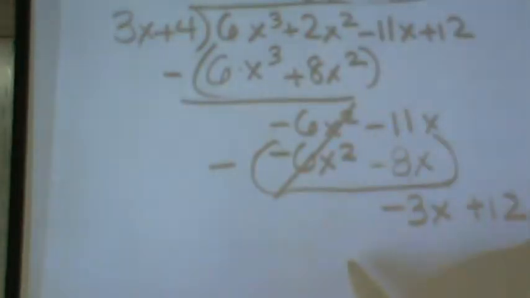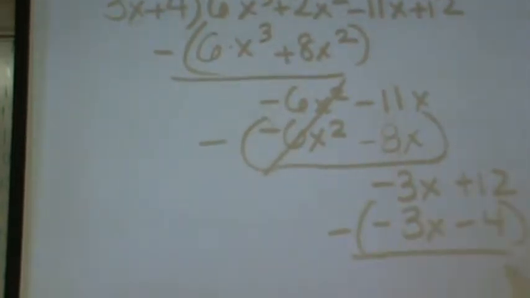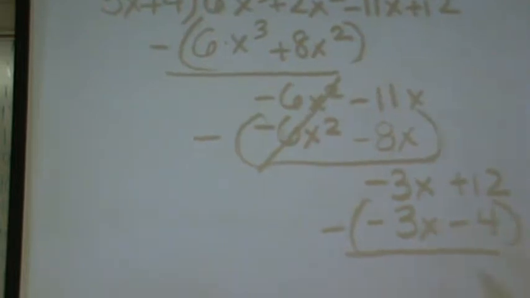This times this is -3x minus 4. When you subtract, you're going to get 16 for your remainder. These two, this is going to turn to plus, so 16 is your remainder. So your answer is 2x squared minus 2x minus 1 with the remainder of 16 over 3x plus 4.